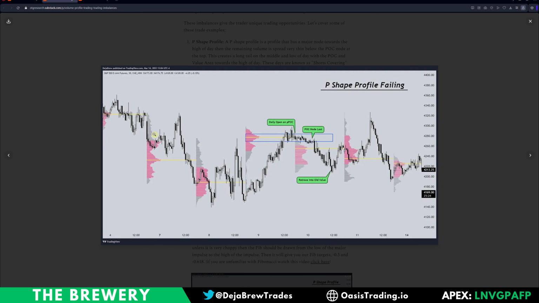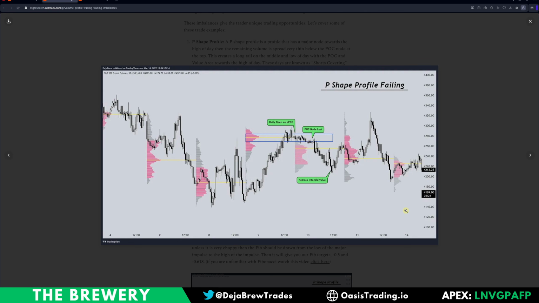Okay, so in this case, we had a downtrend of momentum. Then we started to lose that momentum, and the buyers started to come in, which created that P-shaped profile. So we have that buy pressure towards the high there with very little value being found on the lows.